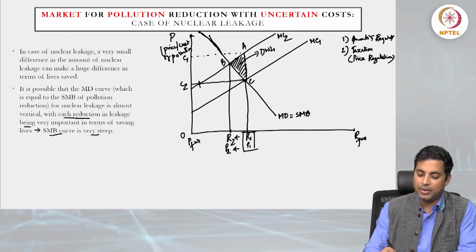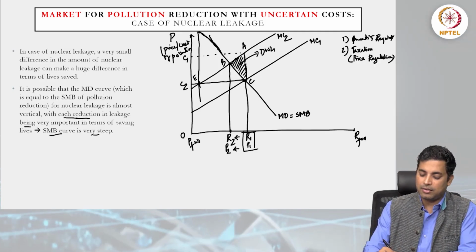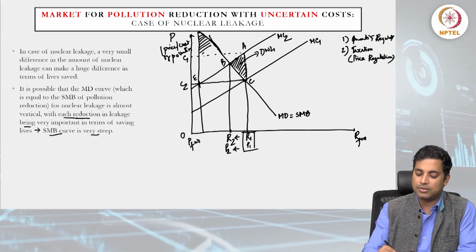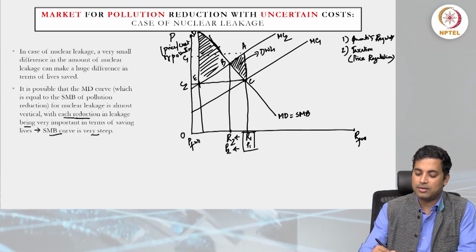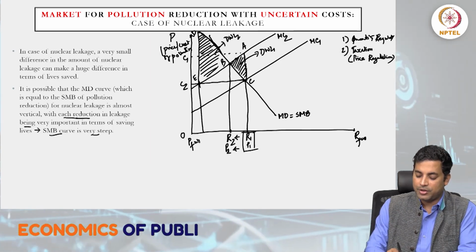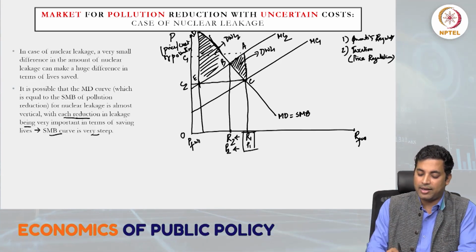But in this case, we get a new equilibrium point, which is E, and the deadweight loss is this area D. This is a huge amount from the society's point of view, and the cost is getting really high.